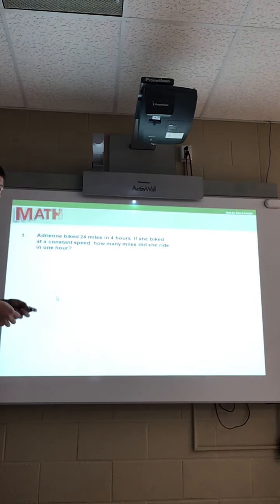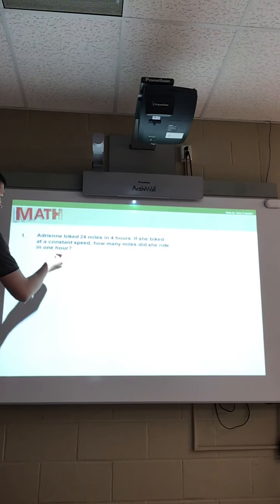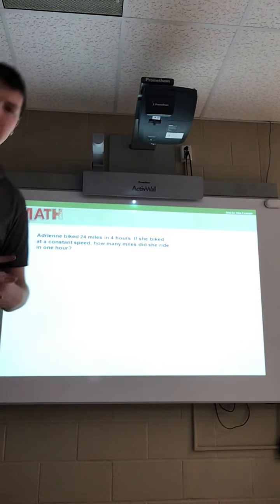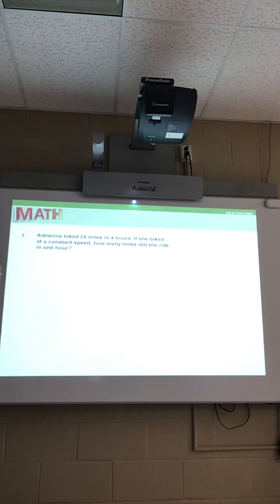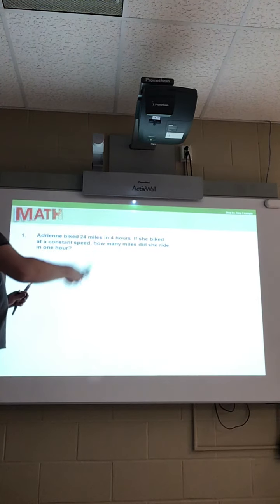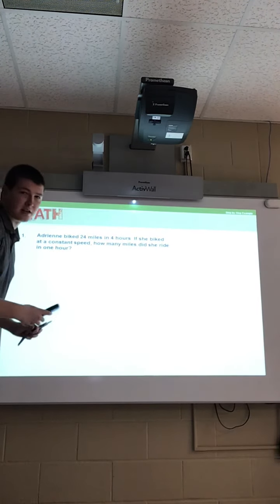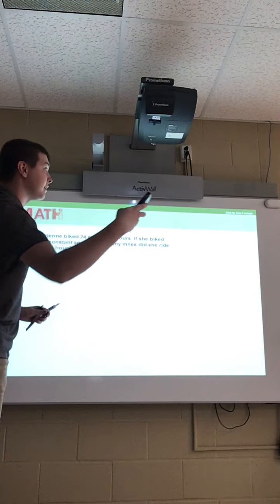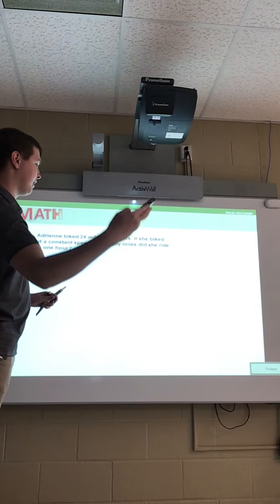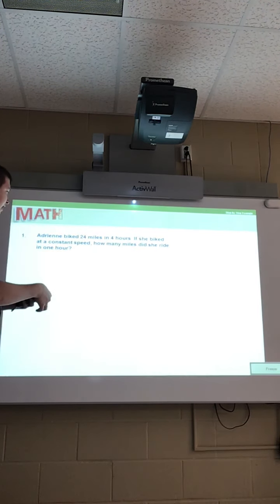For your first example, Adrian biked 24 miles in 4 hours. If she biked at a constant speed, how many miles did she ride in 1 hour? I gotta freeze it so I can write on it.